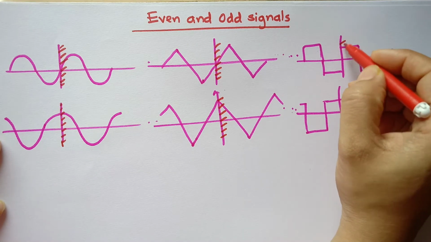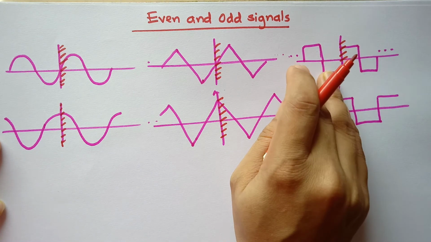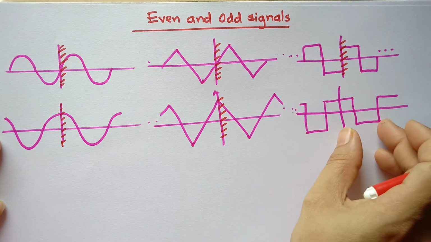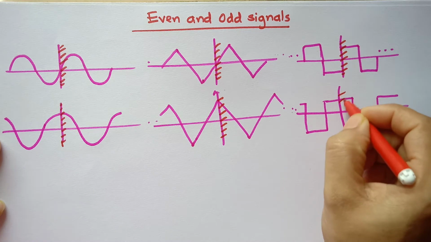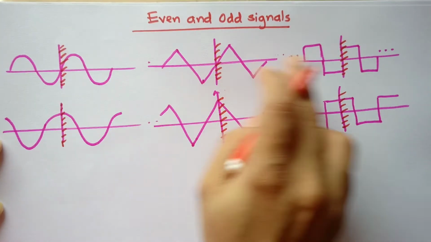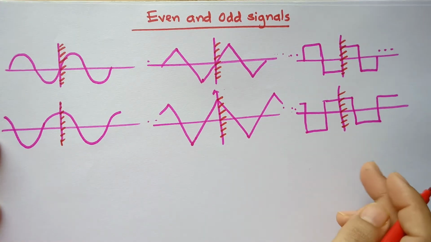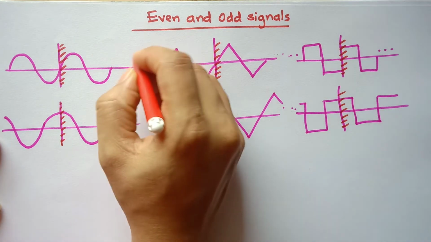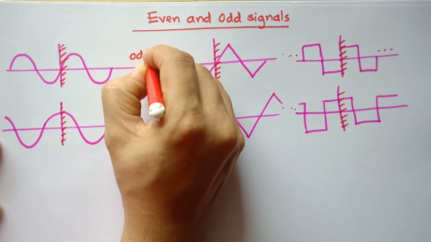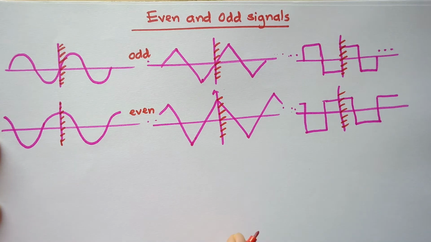Similarly, the upper image is not a mirror image of this part. So here these signals have odd symmetry and these signals have even symmetry.